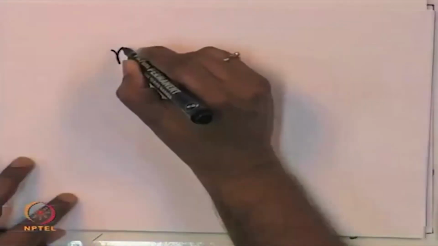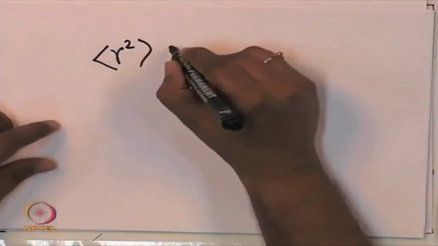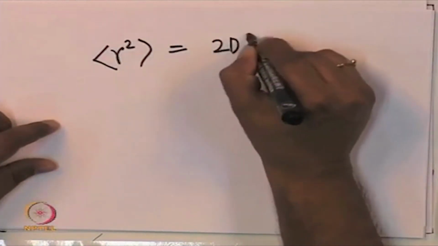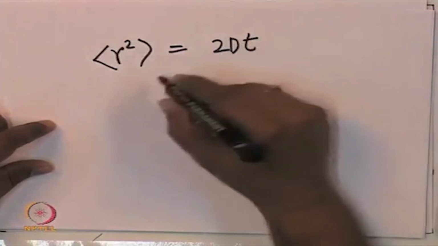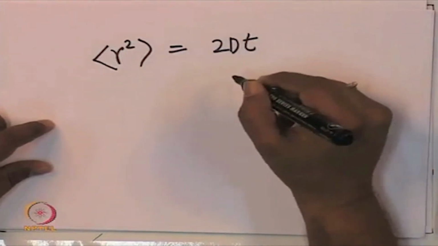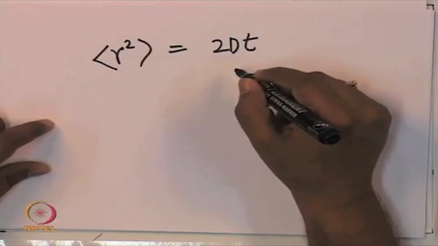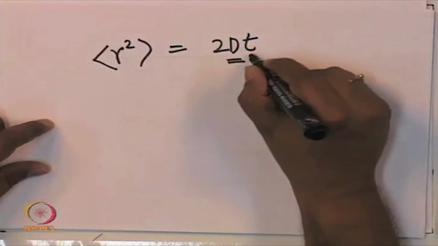So, let us do this calculation. This is again based on the relation that r square average, the average RMS distance, is 2Dt in 1D. Let's imagine a one dimension thing first. So, it's 2Dt. Now we do not know D, but we know t.